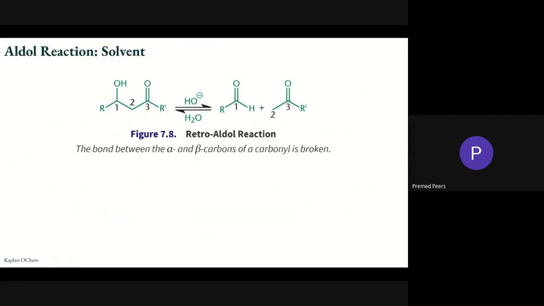Here we're talking about the aldol reaction, and if you have read through the material, that's the retro-aldol reaction, where if you take the aldol product and feed it a much more basic solution, it's going to revert the process. So that's why the solvent often matters.